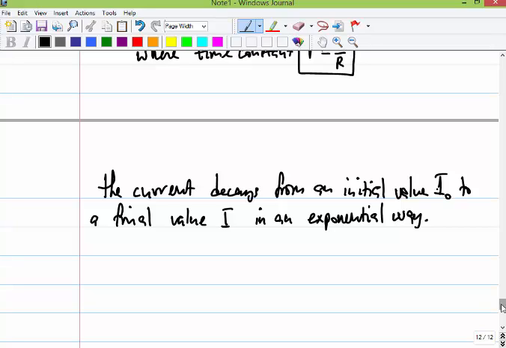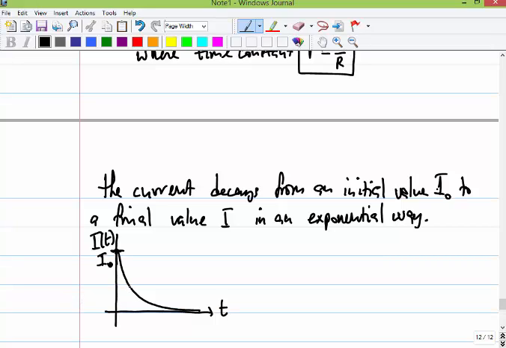So we can draw the graph this way. This is time, this is current I of t, and it decays this way, where I naught is right here. So that's your initial current.